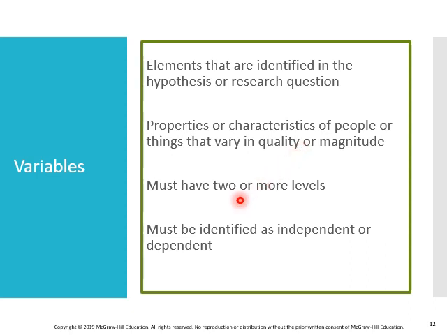What that means is that it's measurable. There's something that helps us to grade, to see if there is greater or lesser, stronger or weaker. There's some kind of gradient, some kind of progression to help us see the difference in terms of value, in terms of intensity. And variables must be identified as either independent or dependent. And we'll look at them a little bit closer next.